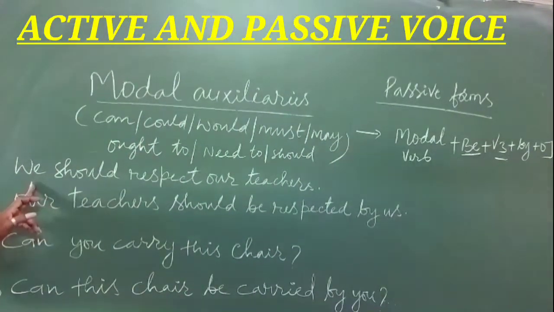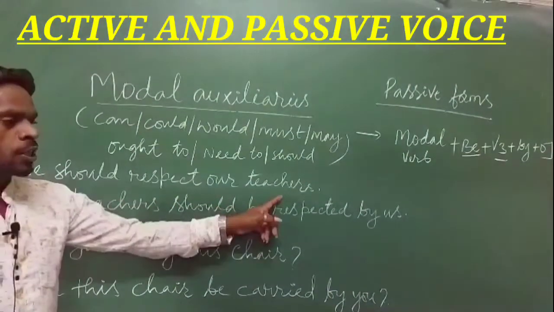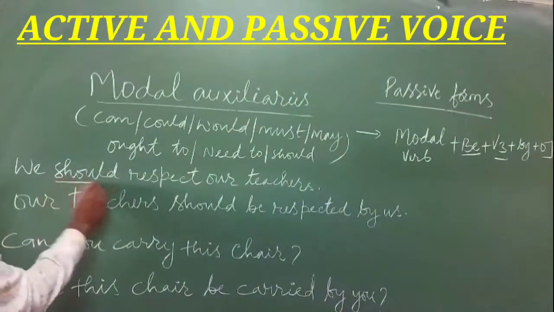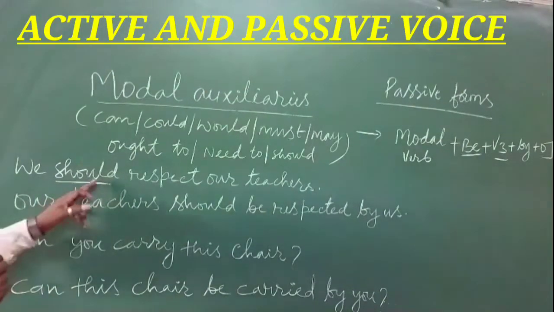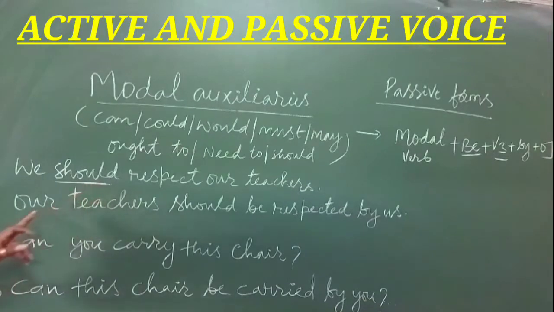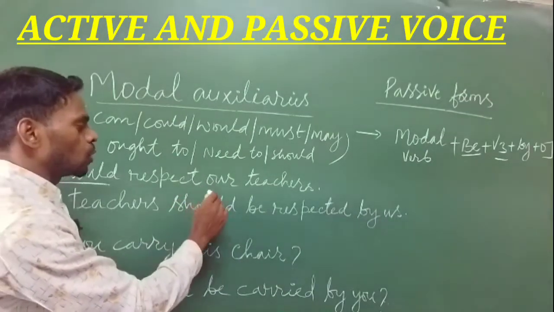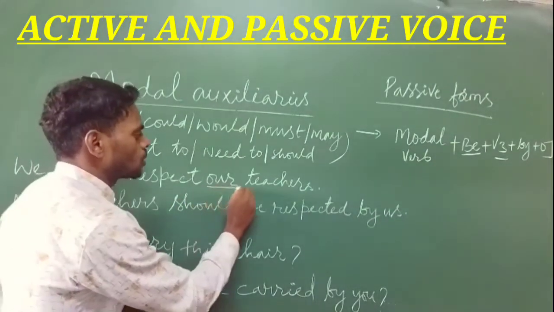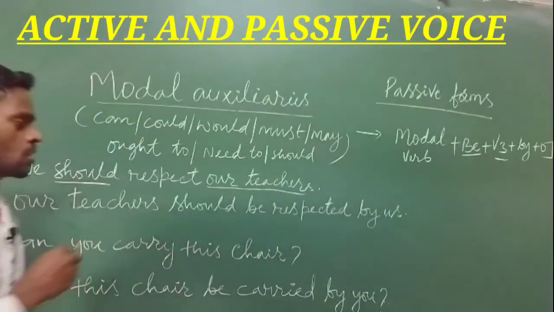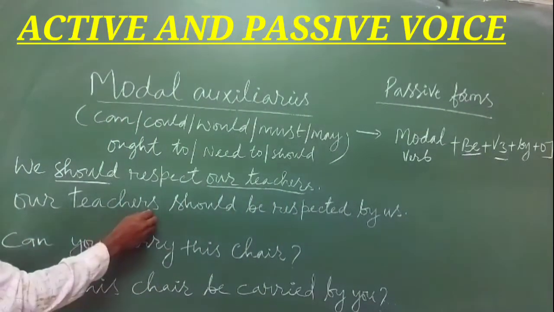The first example we have is, we should respect our teachers. Should is the modal auxiliary here. In that case we have to change into passive voice. First of all we have to find out which one is the object in this sentence. This is the object, our teachers. So we have to bring our teachers in the place of the subject.